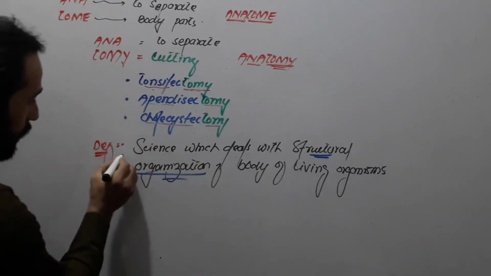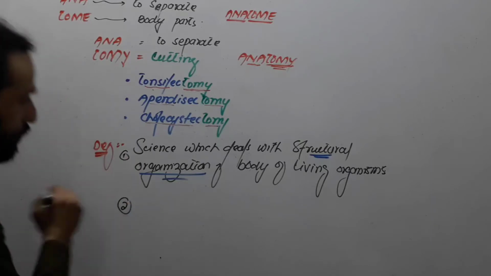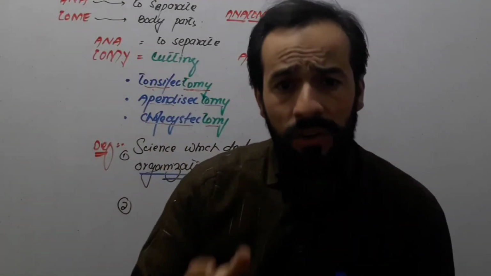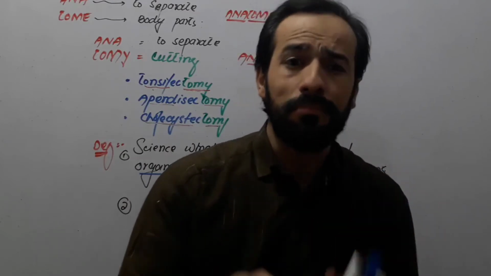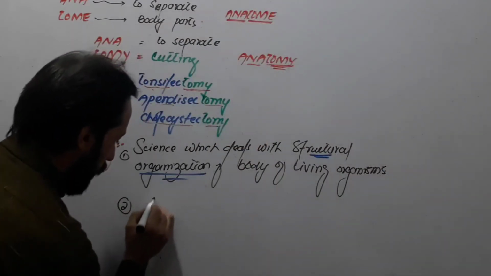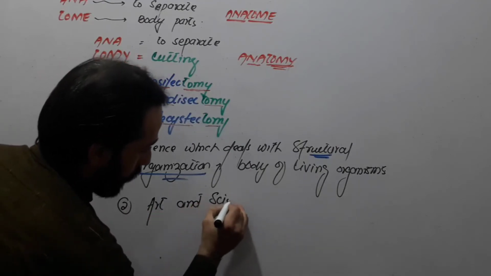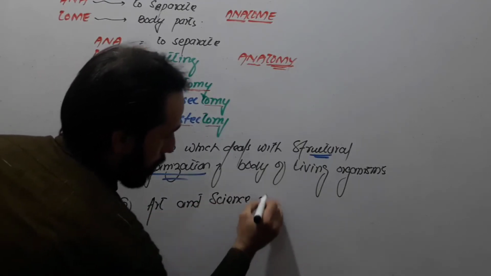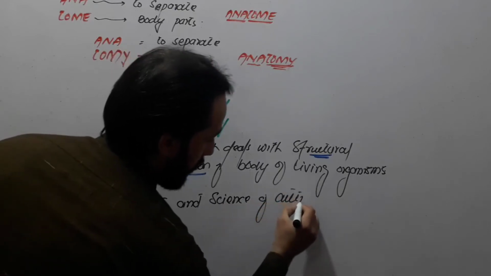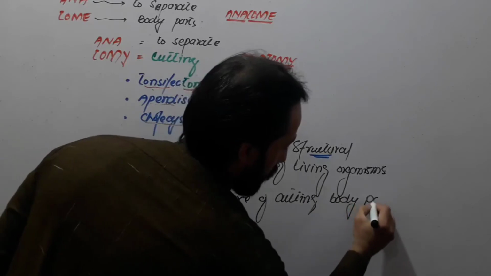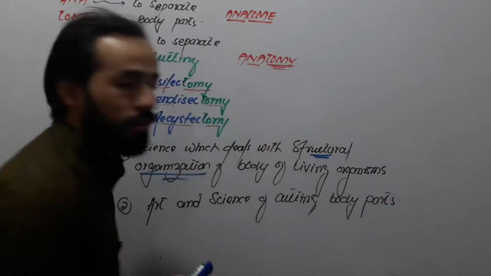Now the next definition that we should know of anatomy is that it is the art and science of cutting body parts, right? Why are we cutting the body parts?